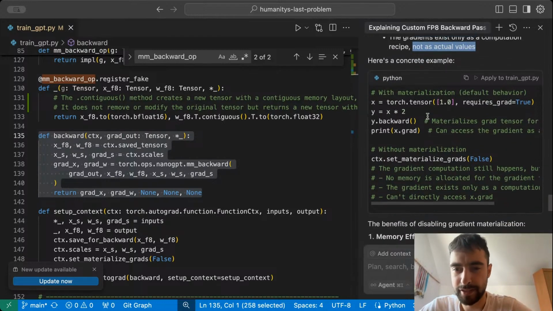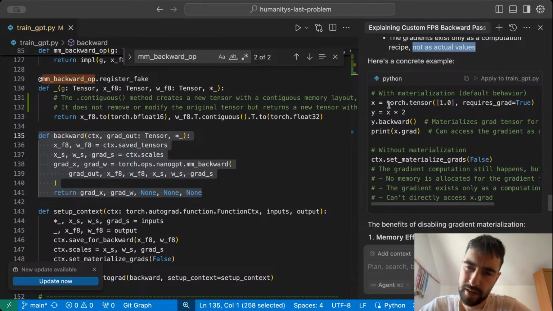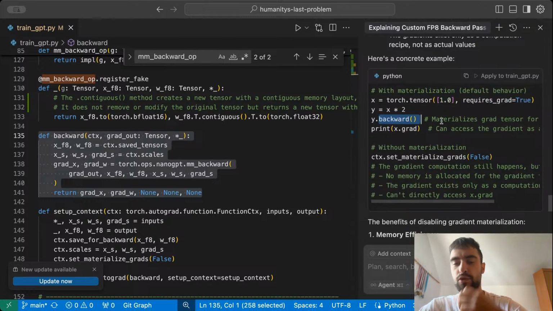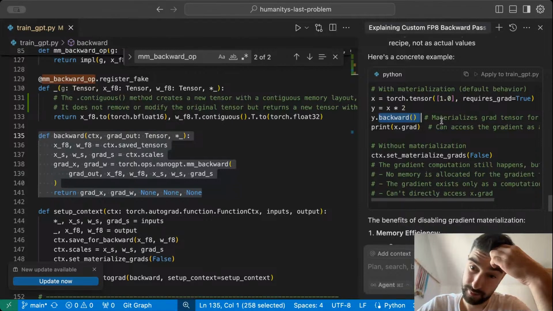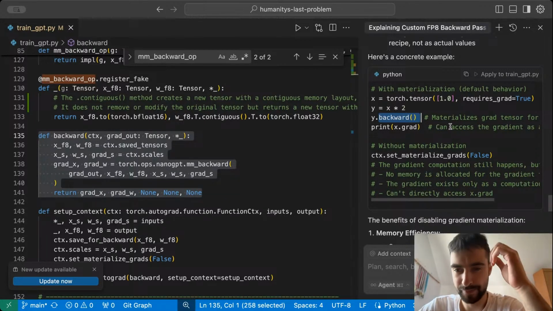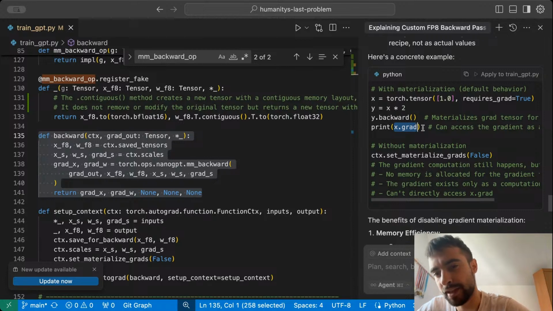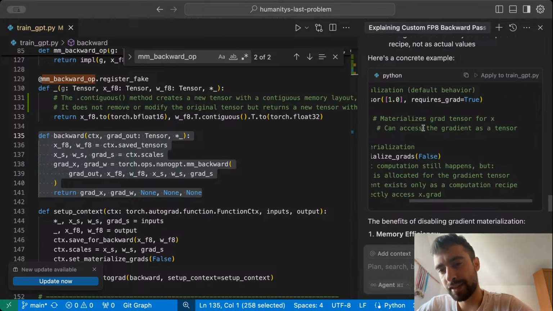Let's check this example. Torch tensor 1 requires gradient true, okay. Backward materializes the gradient tensor for X. So if you call backward here and print x dot grad, you can access x dot grad as a tensor.